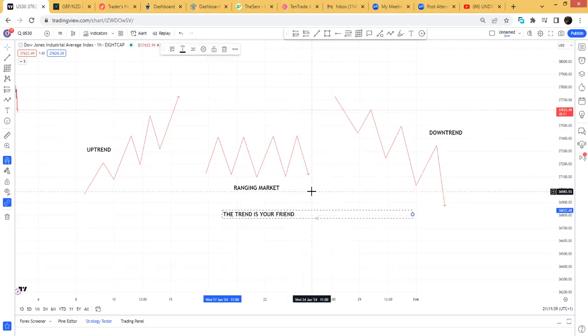You basically want to be following the tide. Wherever the market is going, that is where you want to be. It's a lot easier when you are swimming with the tide, assuming you're in an ocean, than when you are swimming against the tide, okay? So it's basically the same thing when you are trading in the Forex market. You want to be in the direction of the market.